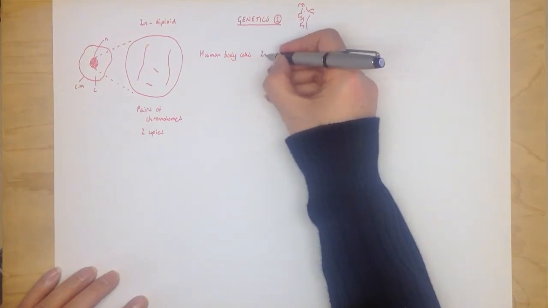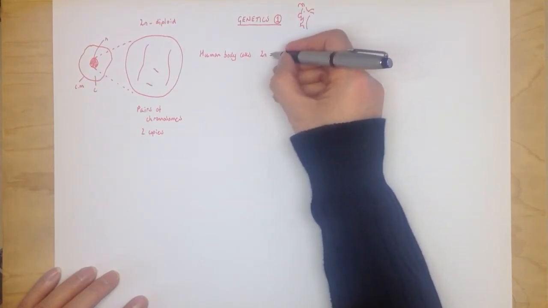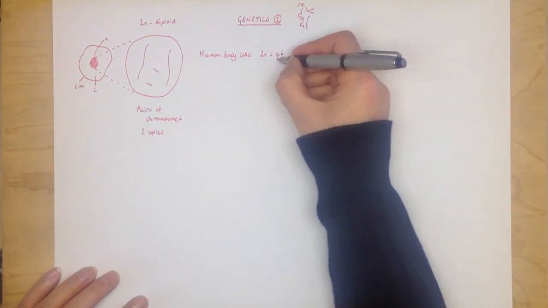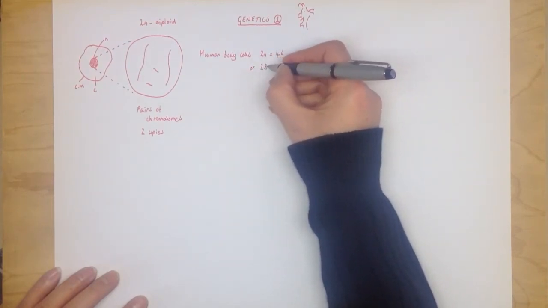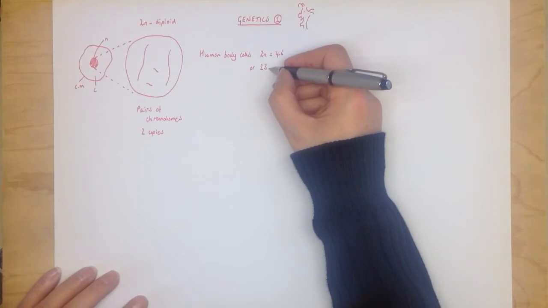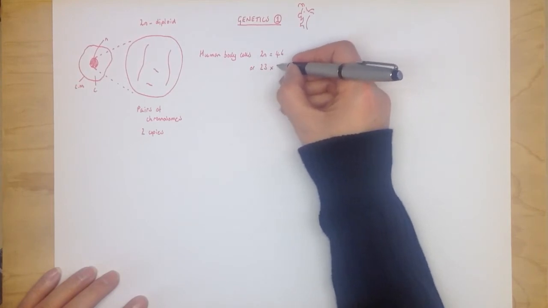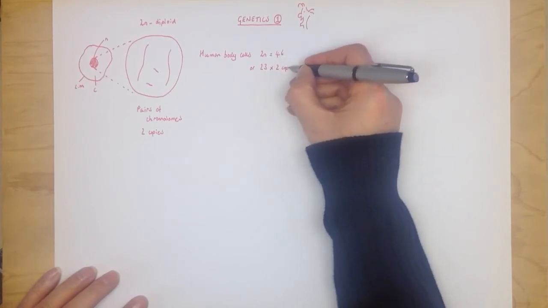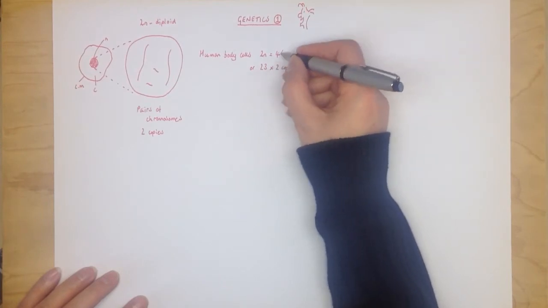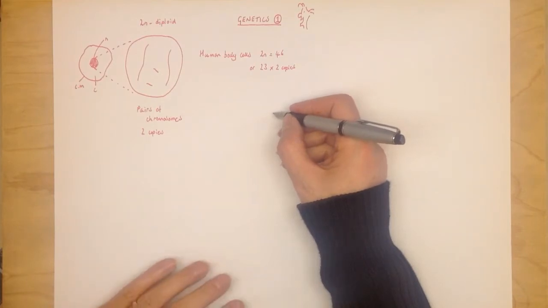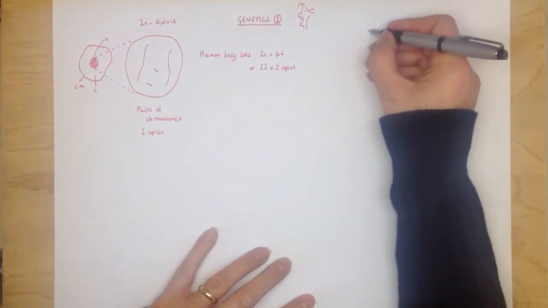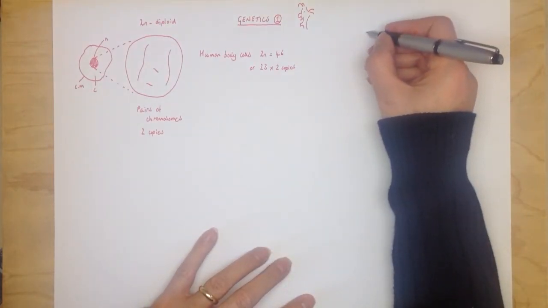So the 2n number, the diploid number, is 46, which means we have 23 different chromosomes and 2 copies of them. 2 times 23 gives you a diploid number of 46. And that's important because not all human cells have 2 copies.